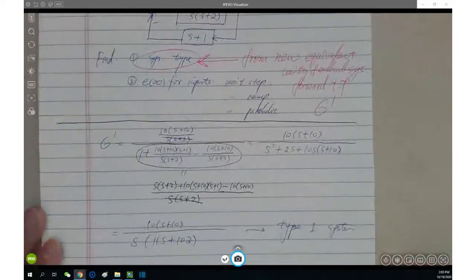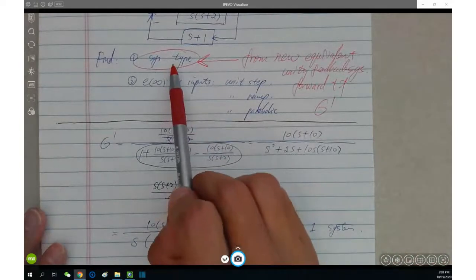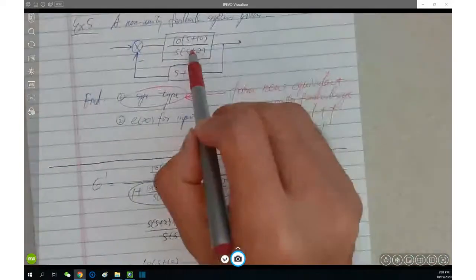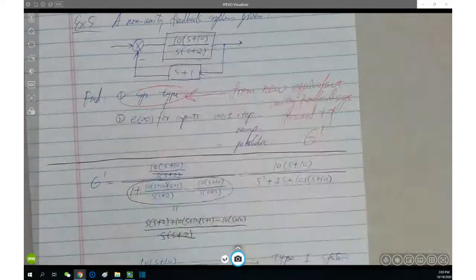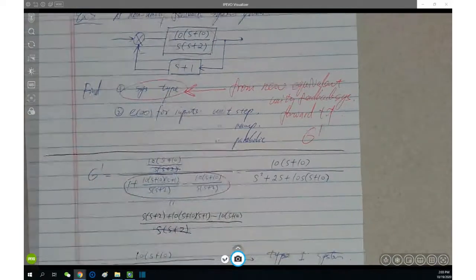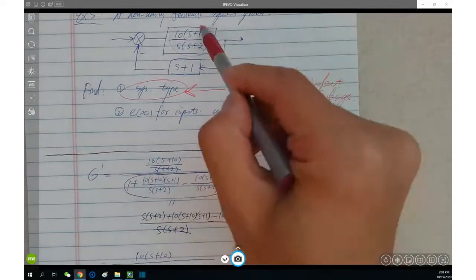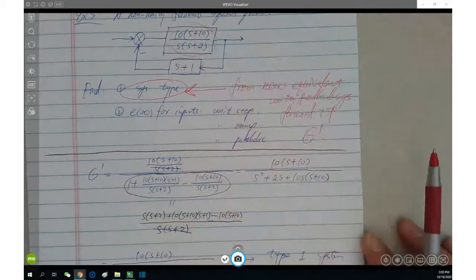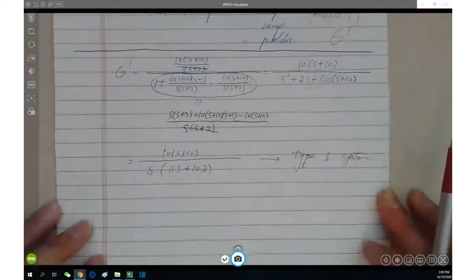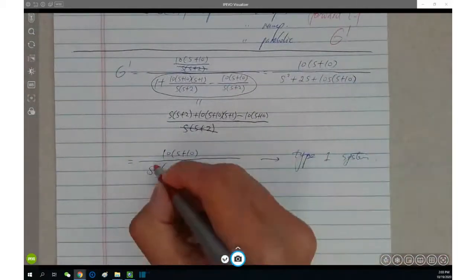We're not deriving the system type, this conclusion, from the given non-unity feedback system forward transfer function. Okay, be very careful. Be very careful. From here, we cannot tell that, not necessarily. Okay. So I'll tell from here, the G prime.